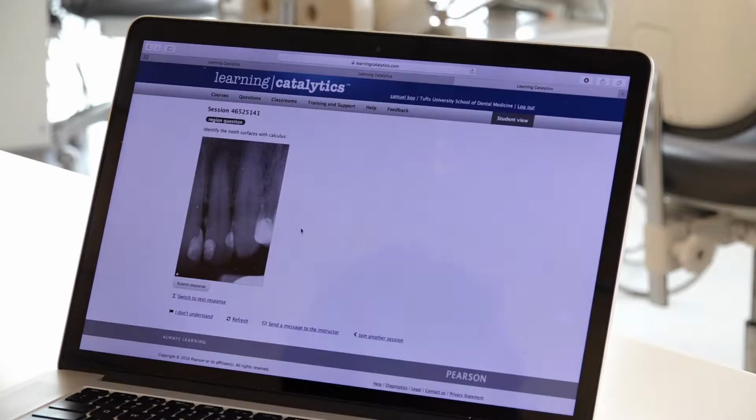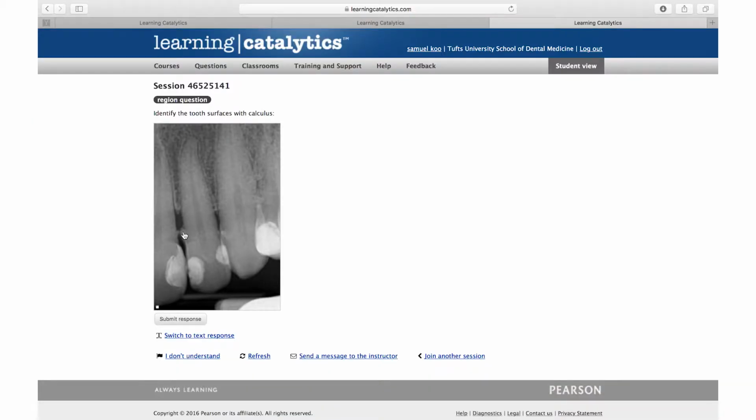For example, in periodontology, it's very important for our students to learn where to locate the presence of tartar, the calculus. When we post an X-ray image, they can pick the regions where they see the calculus in a specific image. So it really opens up many more options for instructors than the traditional method of asking questions to our students.